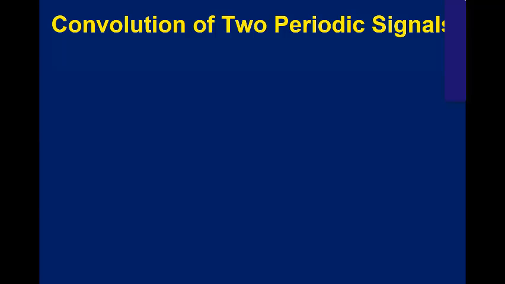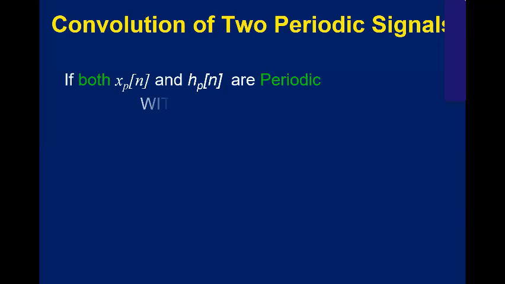It gets a little more complicated, though, if I have two periodic signals, because now how I do the convolution, how I set up my sum by column table, gets a bit messier.